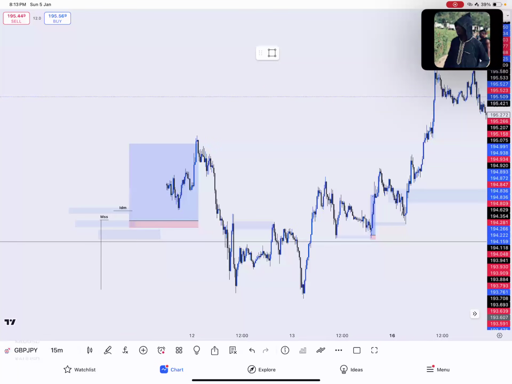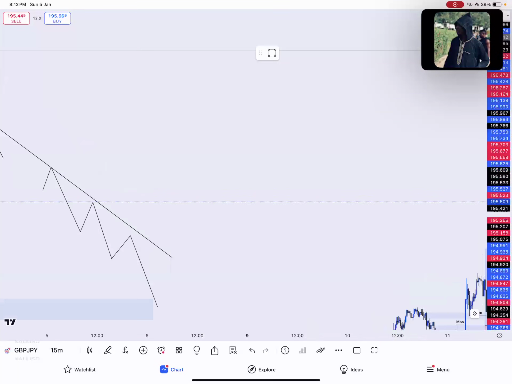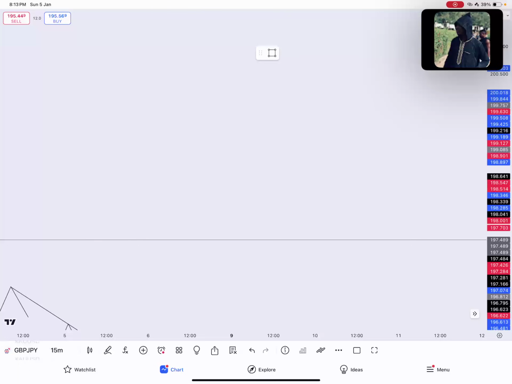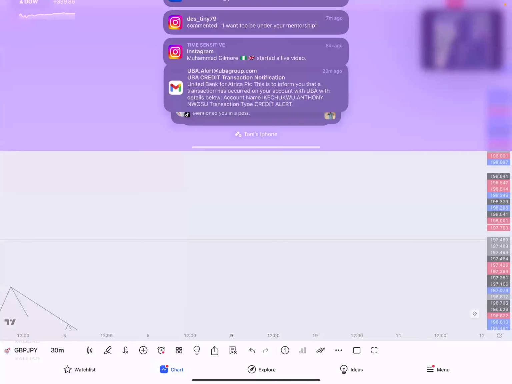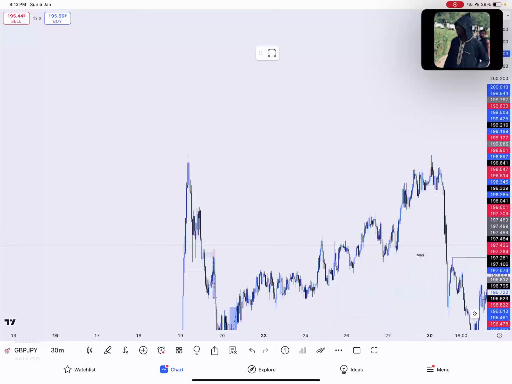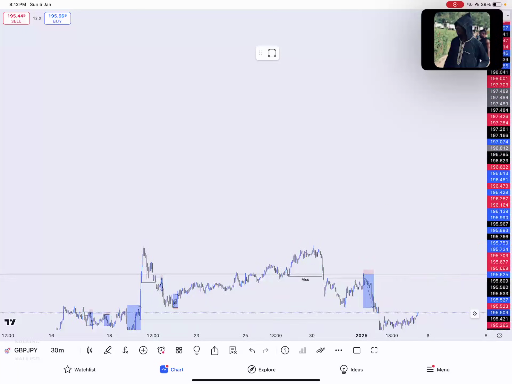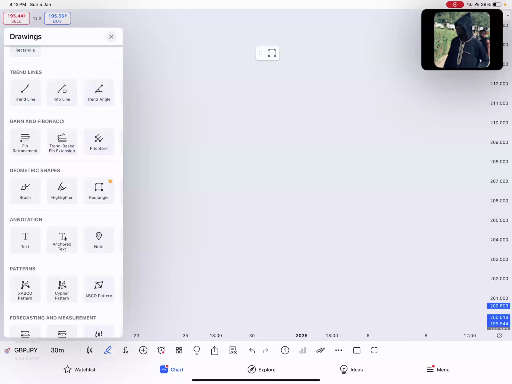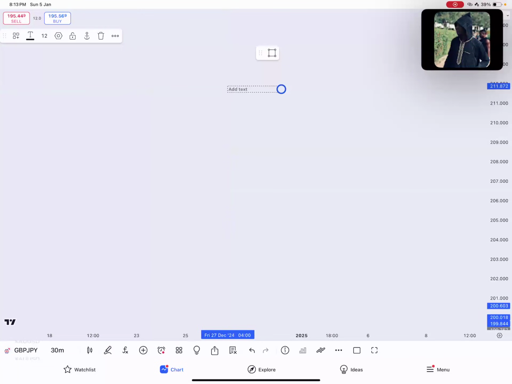Okay, so let me get started. Now the strategy that I'm teaching all revolves around what?